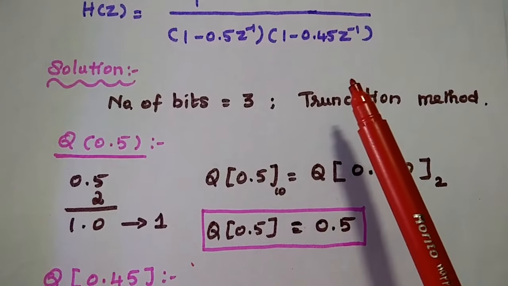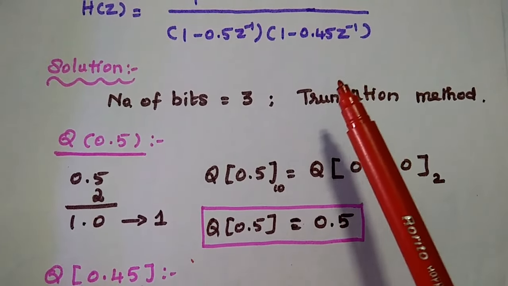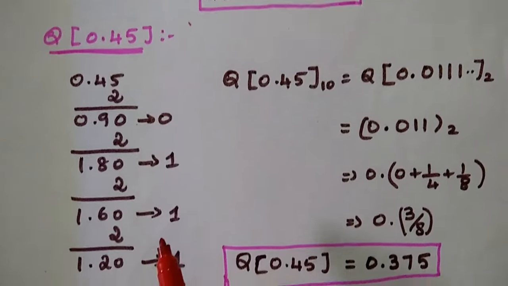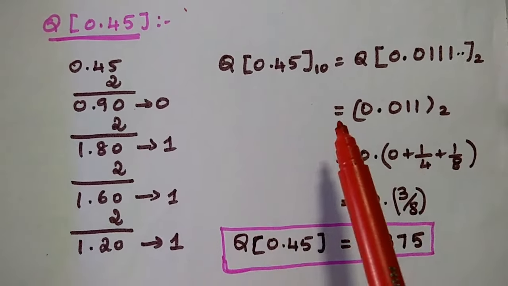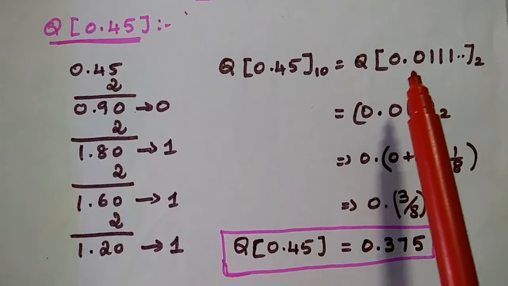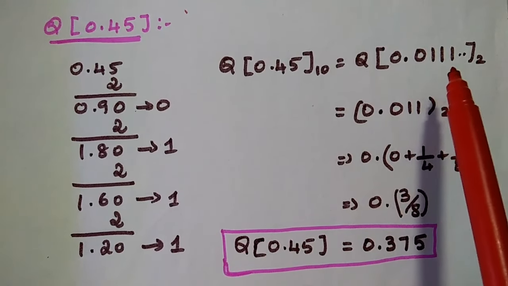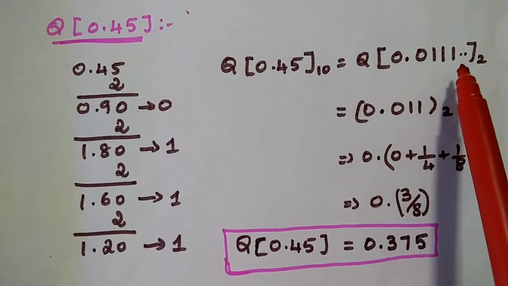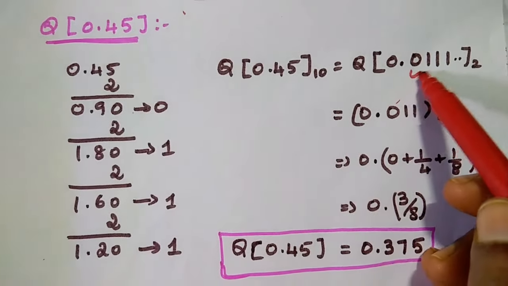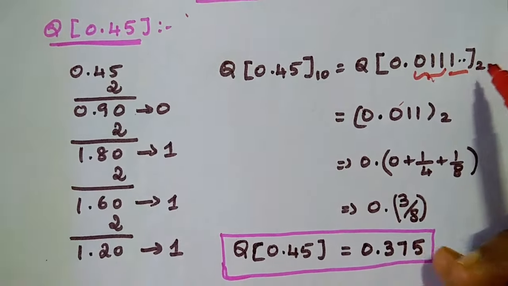Next we have to take the second root value, that is 0.45. For this value, the quantized value can be obtained like this. 0.45 can be written in terms of binary equivalent as 0.0111, and it is going on. So we have to consider the first 3 bits and discard the remaining bits.